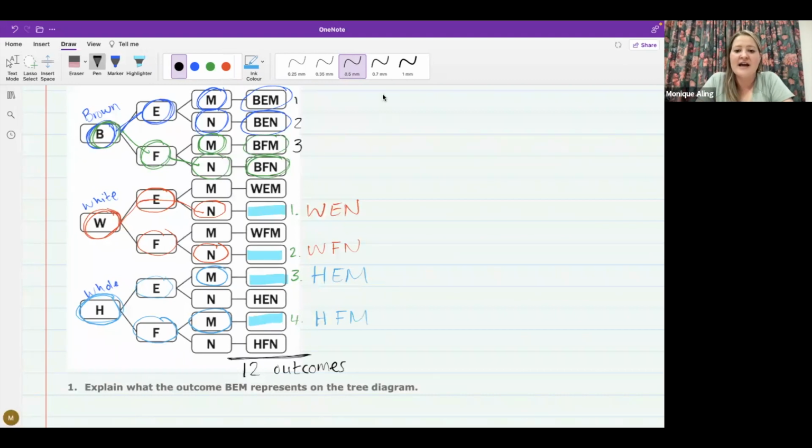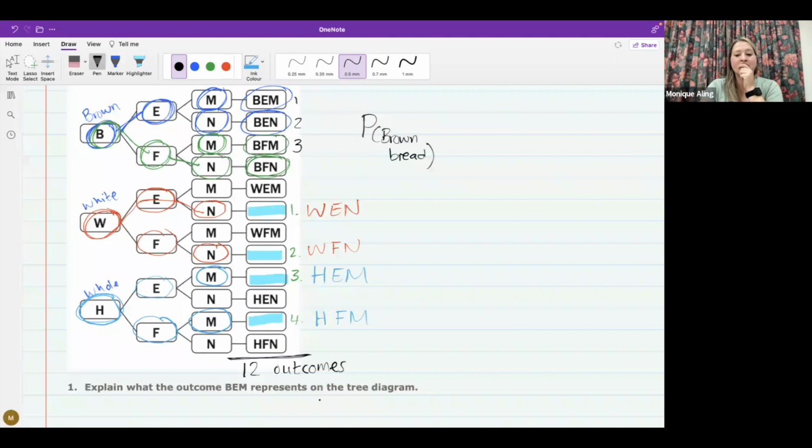Nice. Okay, so if I had to ask you just one last question, what is the probability of someone choosing a sandwich that contains brown bread? What would the probability of choosing a sandwich with brown bread be? Nice.